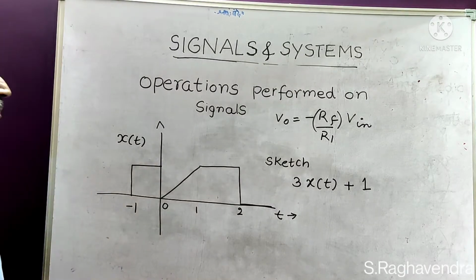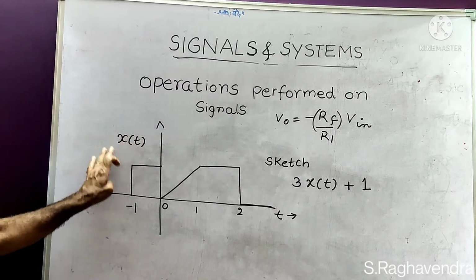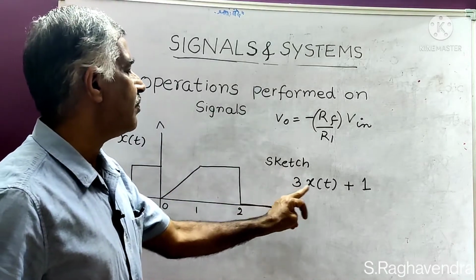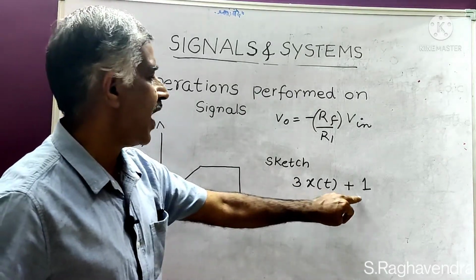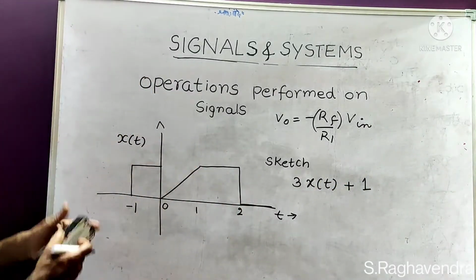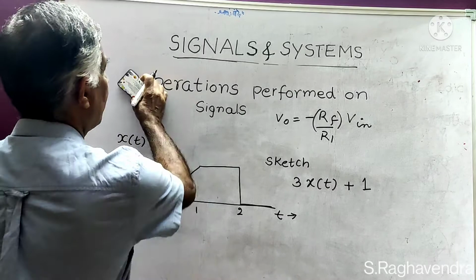You understand the problem? First I have sketched xt. You have to sketch 3 times xt, then add 1, then sketch the graph. This is the question. Now I will solve this problem.